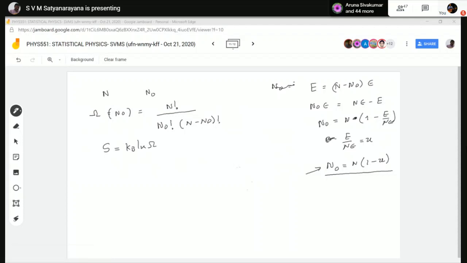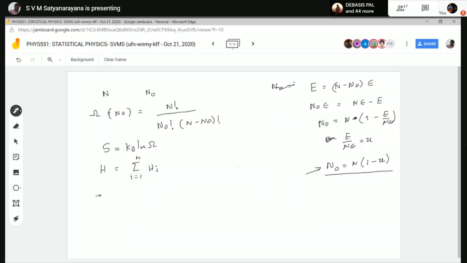Okay, proving that one is something like this. Let's say you have n number of particles; the Hamiltonian can be written as the sum over i equal to 1 to n of hi, the Hamiltonian for each particle.